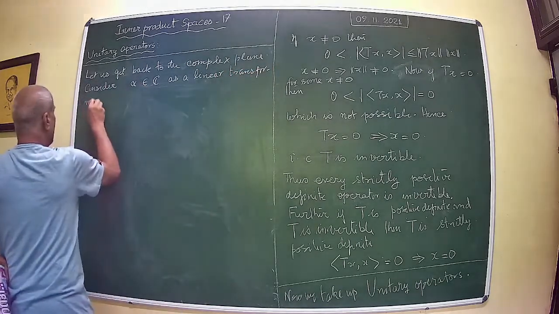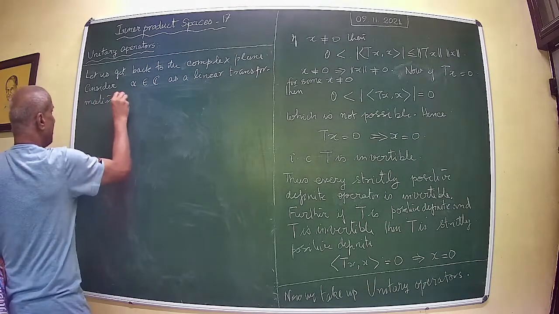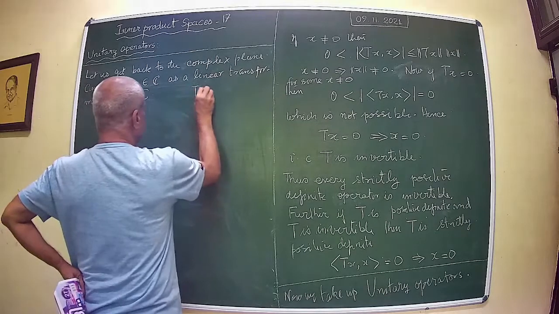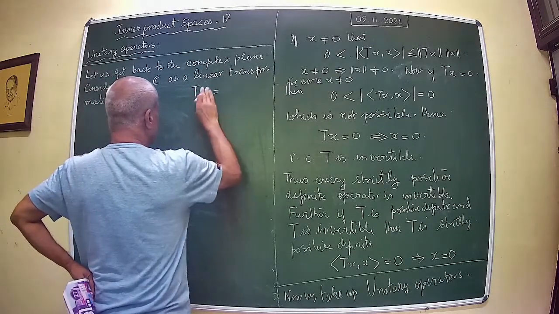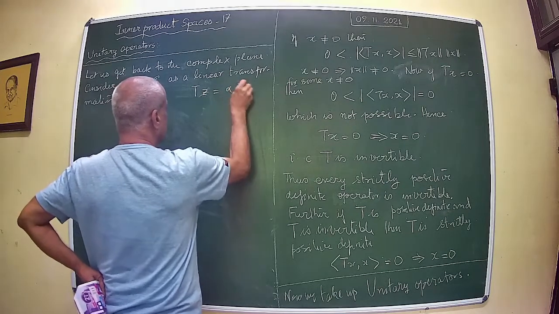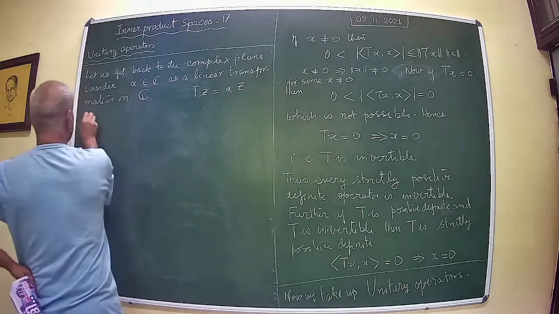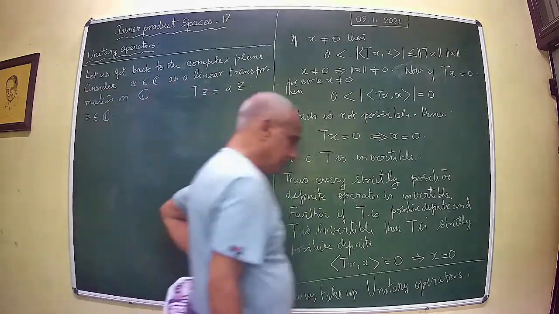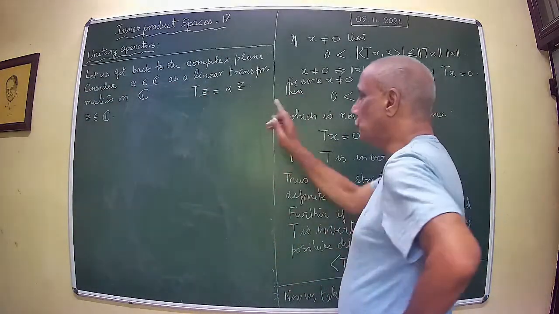Consider T as a linear transformation on C. Then what you have is Tz equals alpha z, where z belongs to C. What does this do?